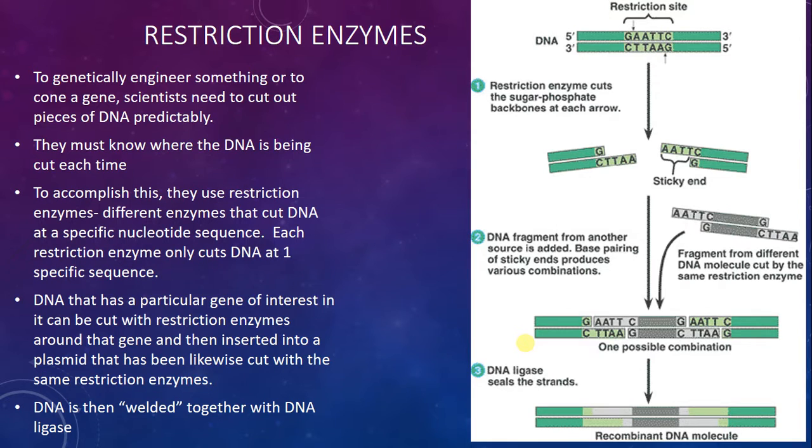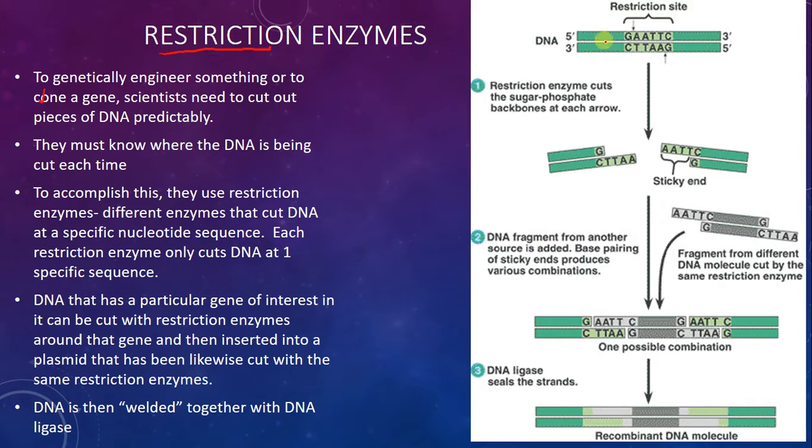Something that's really important, that allows gene cloning to happen, is being able to cut DNA at a specific place. And we use things called restriction enzymes to do that. To genetically engineer something, or to clone a gene, scientists need to cut out pieces of DNA predictably.